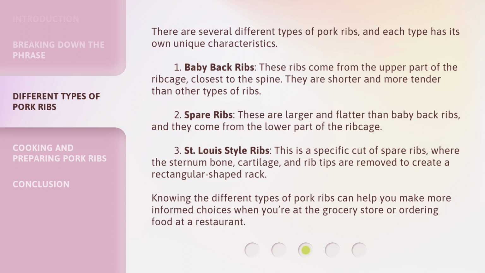St. Louis-style ribs. This is a specific cut of spare ribs, where the sternum bone, cartilage, and rib tips are removed to create a rectangular-shaped rack. Knowing the different types of pork ribs can help you make more informed choices when you're at the grocery store or ordering food at a restaurant.